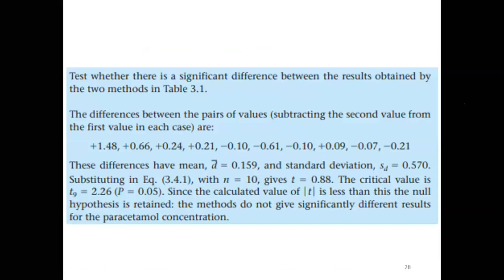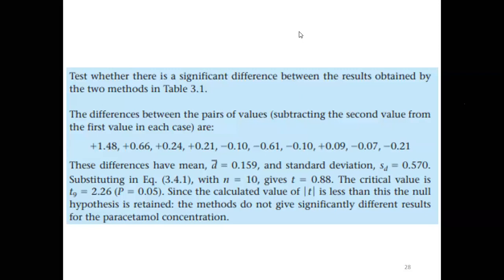When we calculate t, it gives 0.88. Please do the calculation separately on a piece of paper, okay? That is most important. I just explain how to do it, but please get practice. So here t equals 0.88, and the critical value for 9 degrees of freedom from the table is 2.26.